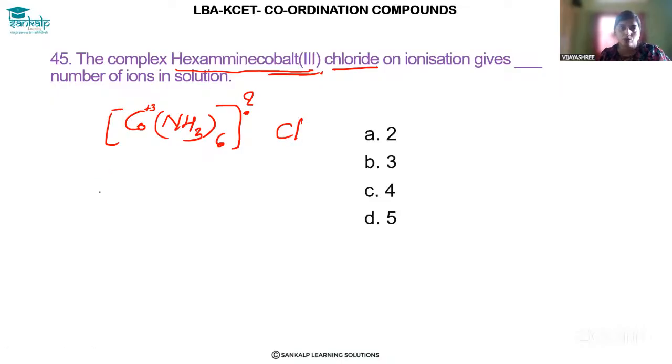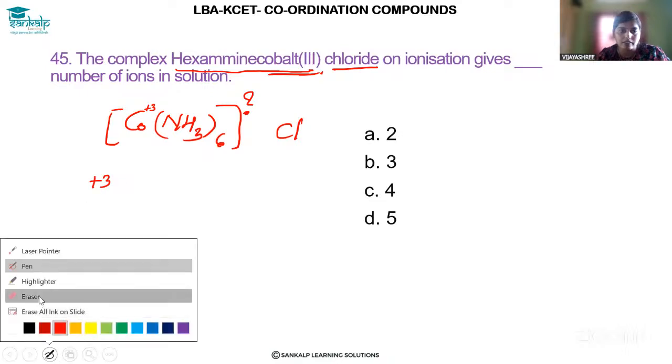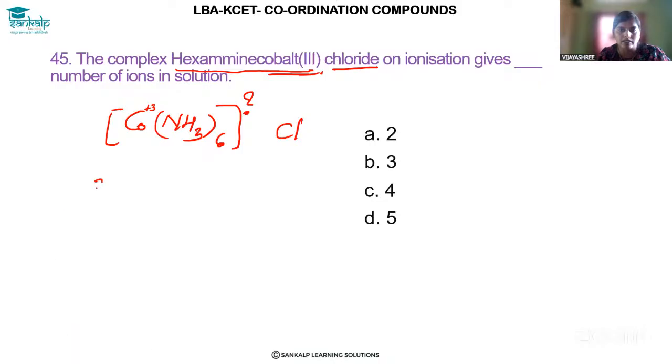Plus 3 means 3 only. 3 plus 6 times 0, since the ammine ligand carries charge 0, is equal to 3. Therefore, the charge on the complex is plus 3.